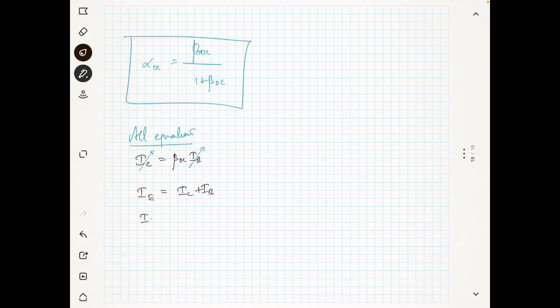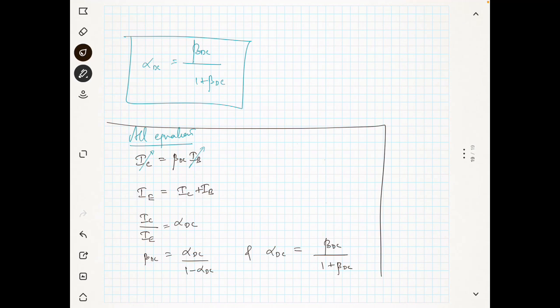Now IC over IE is nothing but alpha dc. And another equation, beta dc is equal to alpha dc divided by 1 minus alpha dc. And how to find alpha dc? Alpha dc is equal to beta dc divided by 1 plus beta dc. So these are all the main equations related to the transistors.